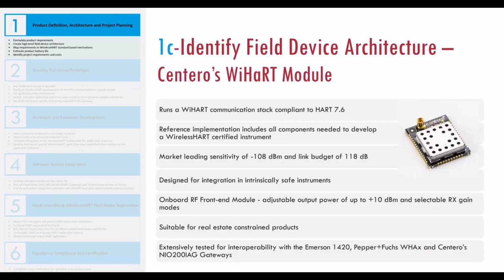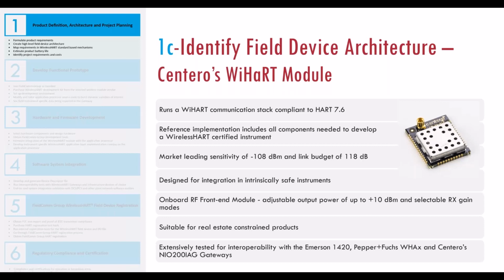To that purpose, this is Centero's WirelessHART module. This is a wireless module that was developed by our company, Centero, specifically for industrial process automation. It does run a WirelessHART communication stack that is compliant to HART 7.6.